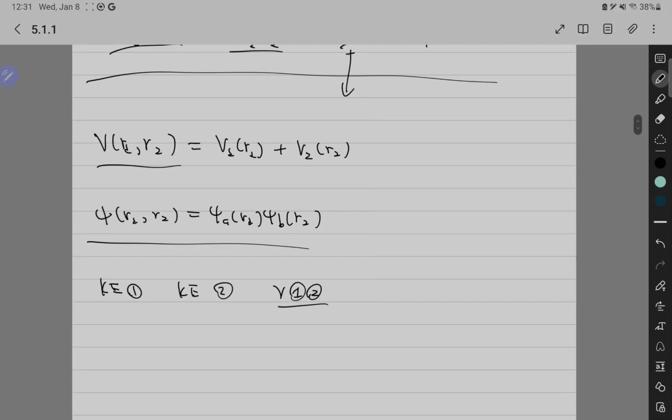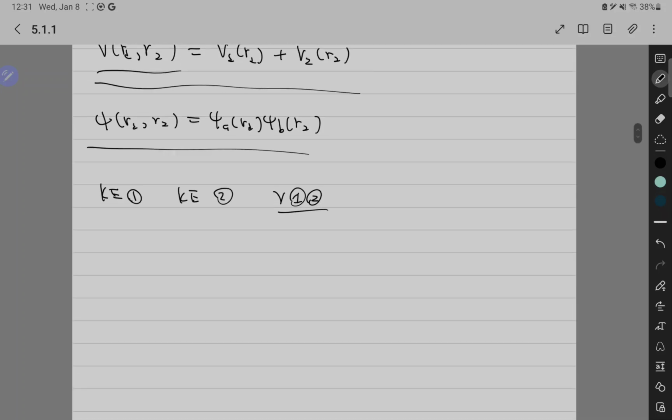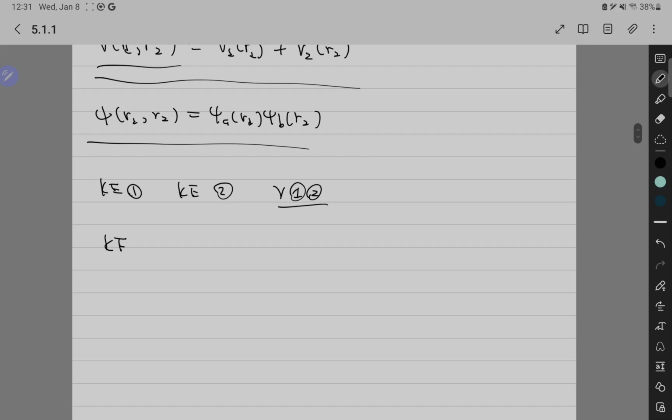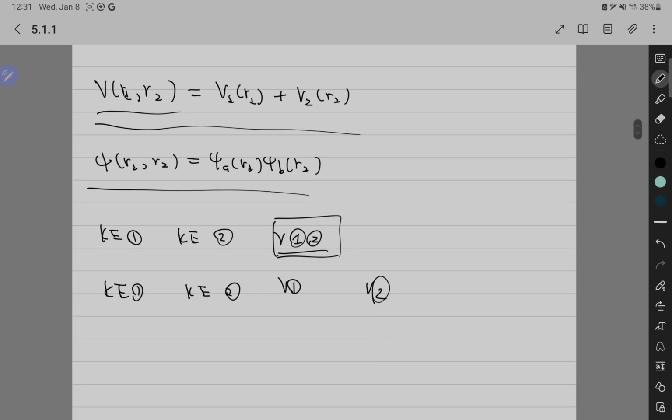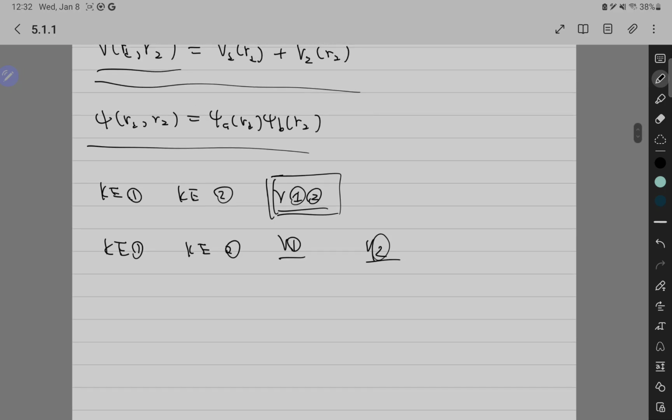Now if I tell you our assumption, which is that they're non-interacting and that their potentials are independent of each other, then you can write this as kinetic energy 1, kinetic energy 2, V1, and V2, right? Because in the case we discussed before, we didn't assume them to be independent. Although their kinetic energy is different for each particle, the potential part binds them together. But now if I start with the assumption that they don't interact with each other and that the potential is independent, we can take these two out, right? They're no longer bound as in the case before.